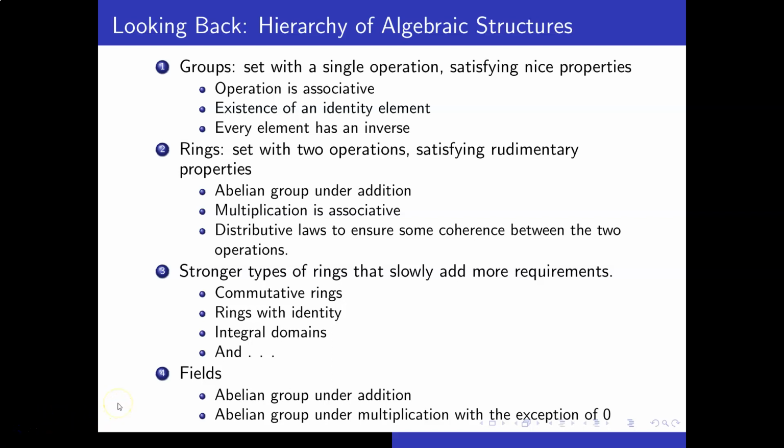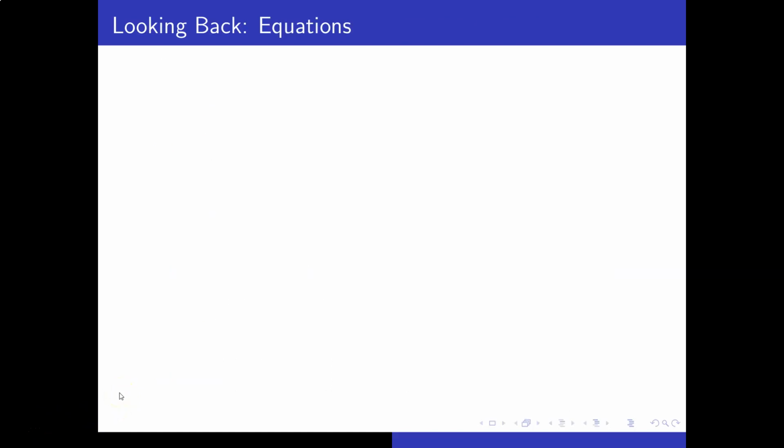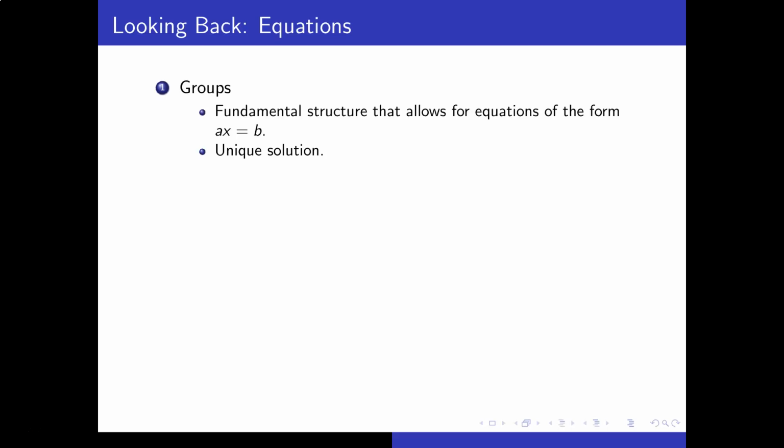All right, but let's look at that also from the perspective of equations, okay? Because it's hard to believe with everything that we've been doing, but equations are what drive a lot of algebra, especially historically. So groups, one of the reasons that we like them is that they are the fundamental structure that's going to allow you to have a basic linear or affine equation, i.e. ax is equal to b.